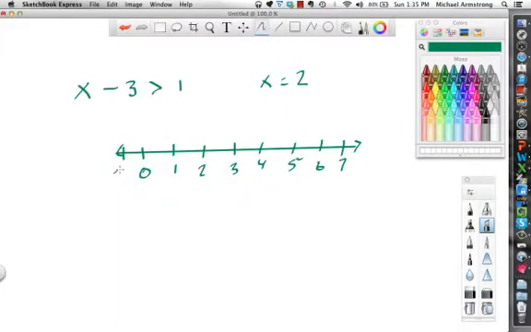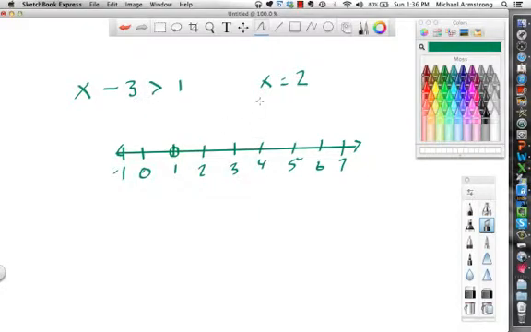Negative 1 is to the left of 1, and if it's to the left of 1, it doesn't work. 0 minus 3 is negative 3. That doesn't work. 3 minus 3 is 0, and that's still not greater than 1.